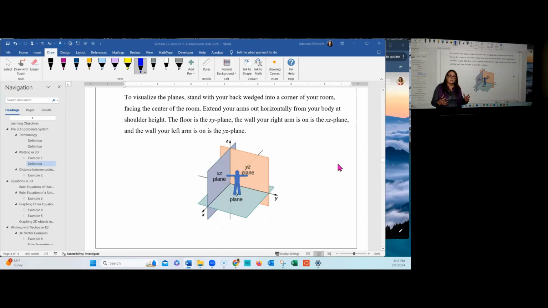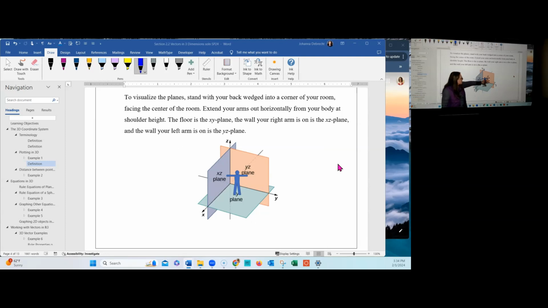So if you're standing in a corner of a room with your back into the corner and you lay out your right arm, it will be along the XZ plane. And if you put the left arm straight in front of you so that it's perpendicular to the right arm, then this hand is along the YZ plane. And then the floor that you're standing on, that becomes the XY plane.